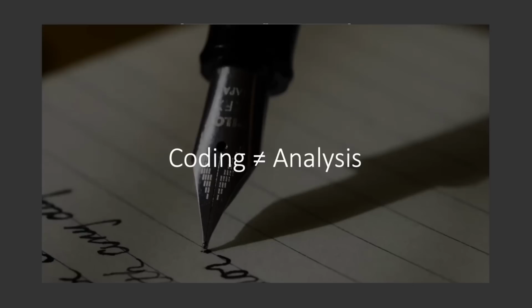So coding is the physical act of writing, whereas analysis is going beyond that. Similarly, coding allows you to look at that data in different ways, but the analysis really happens in your head.